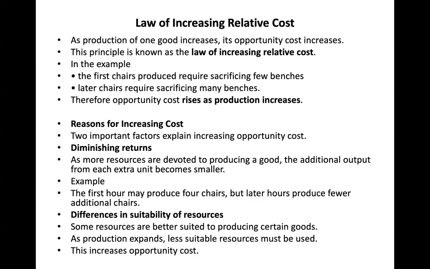So with the 6 laborers added to the 4, how much output are they adding? You can see that the additional output becomes smaller. The same thing applies to chairs and tables. The first hour, they produce 4 chairs, but later hours produce fewer additional chairs.